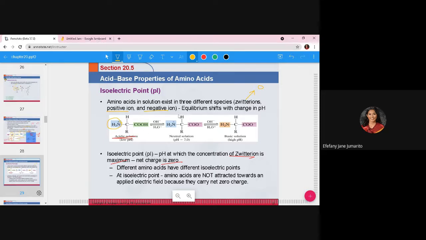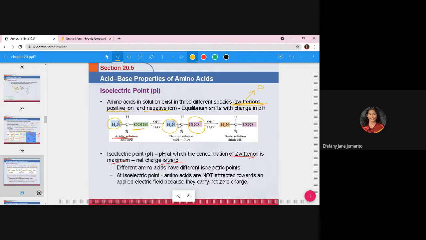But under neutral solution, at pH 7, it's the zwitterion. It is in zwitterion, meaning the NH3 is protonated and the COOH, your carboxylic group, loses the proton, so it carries the negative charge. Positive, negative, that's 0.